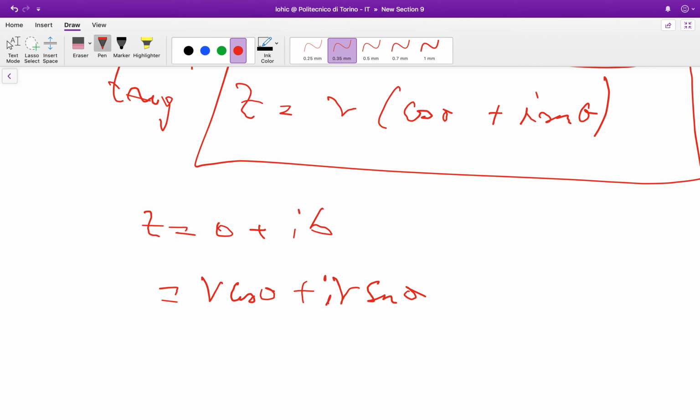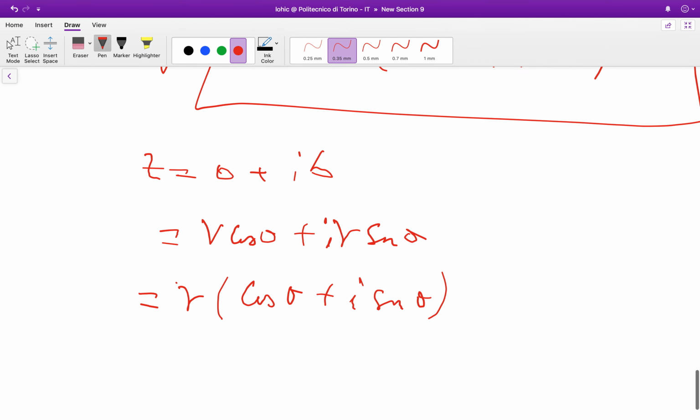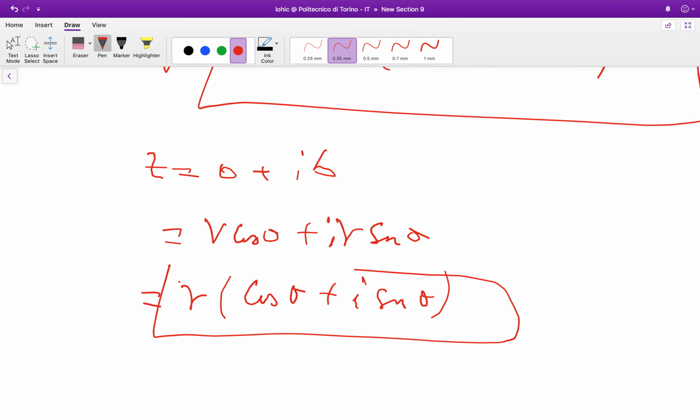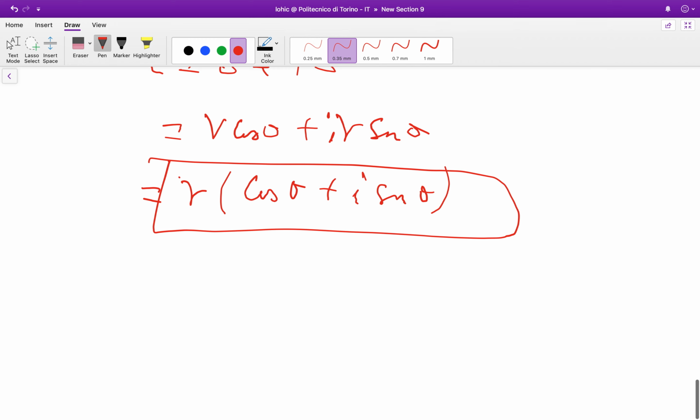Yes or not? Now we can take out r. It gives you r multiplied by the cosine of theta plus i sine of theta. This is called the trigonometric form of the complex number. Let's do a couple of examples. Suppose you are given the complex number z equals 1 plus i.